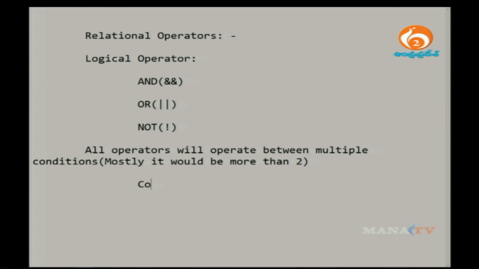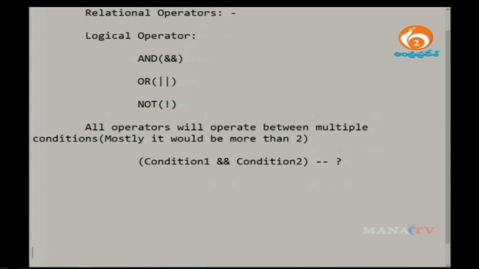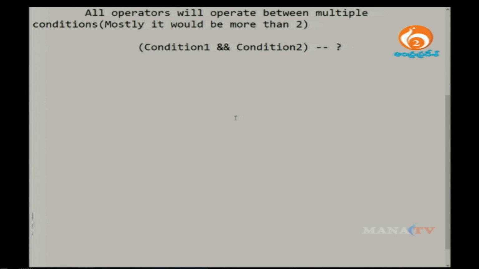For example, I have a condition 1, and imagine there is one operator called the AND operator, and there is one more condition, the second condition. I just want to have two conditions. And what will be the expected return value? That is what is most important. I am writing this condition 1, I am writing this condition 2.